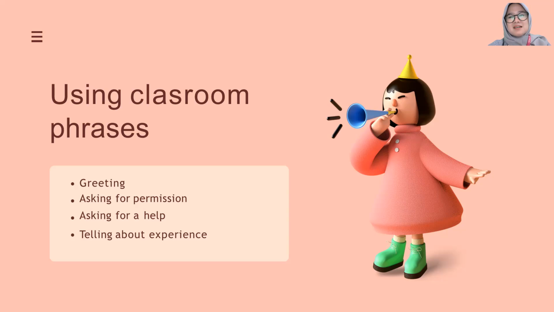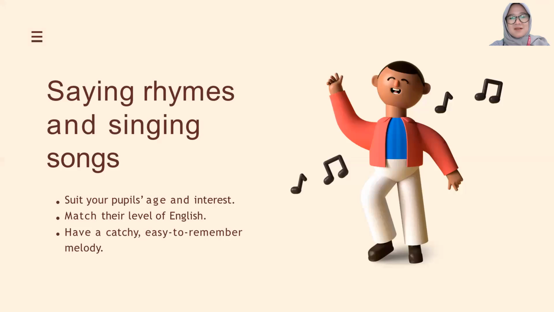Okay, this is a very simple sentence. It sounds like it's not that important, but it will encourage students to speak English. Okay, you can either take the topic from the lesson that you are going to give or from their experience. All right, because children like to share something with their friends.